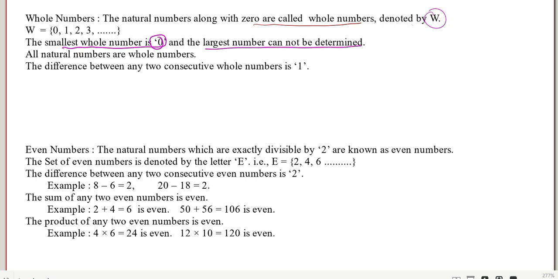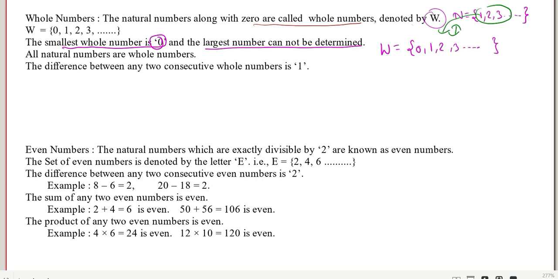In the same manner, if you observe this collection of whole numbers, 0 together with all the natural numbers. Natural numbers start from 1, 2, 3, and so on. By observing these two collections of numbers, we can see that all the natural numbers are a part of whole numbers.